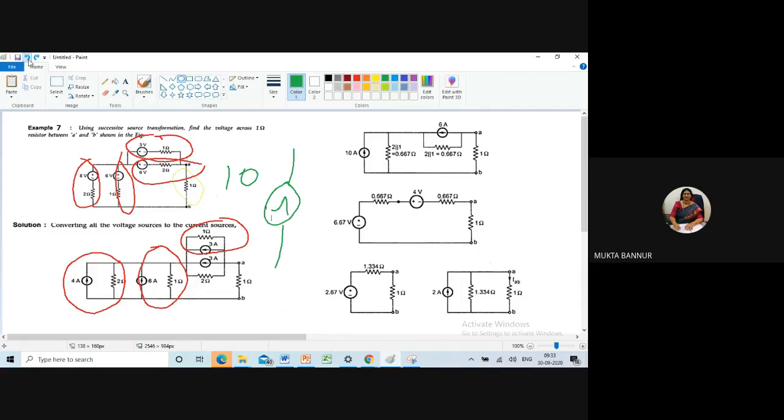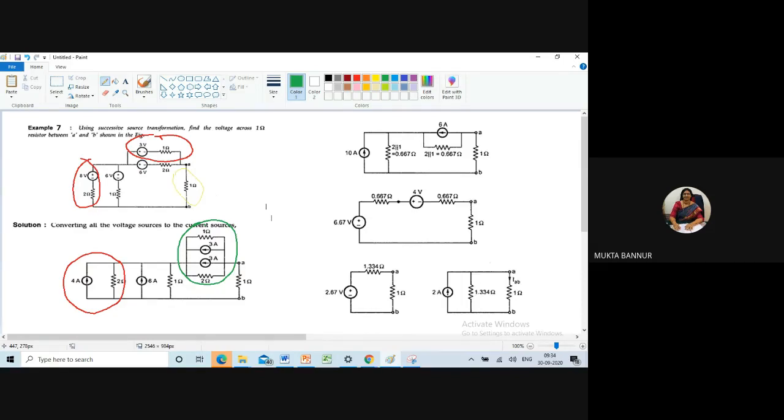Okay, similarly these 2 current sources will be replaced by a single current source. See here also, 3 ampere current source and another 3 ampere current source are acting in the same direction.